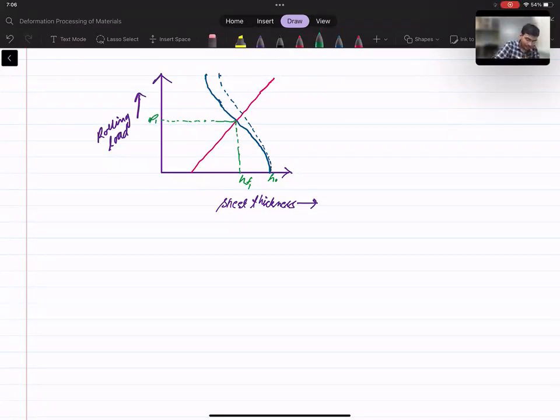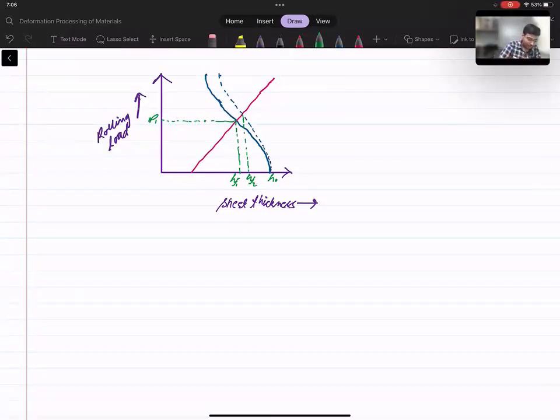Now in this case, this particular elastic and plastic curves intersect now at, say, HF2. HF2. Okay. And this is HF1. Okay.